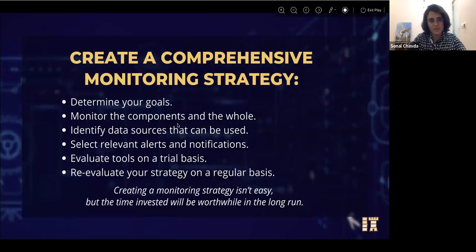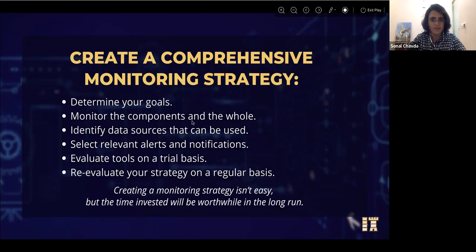So as a strategy, start with determining your goals. What area of your infrastructure do you want to monitor? You know your business well, where the issues are arising, and what type of infrastructure you have. So to begin with, what do you want to monitor?